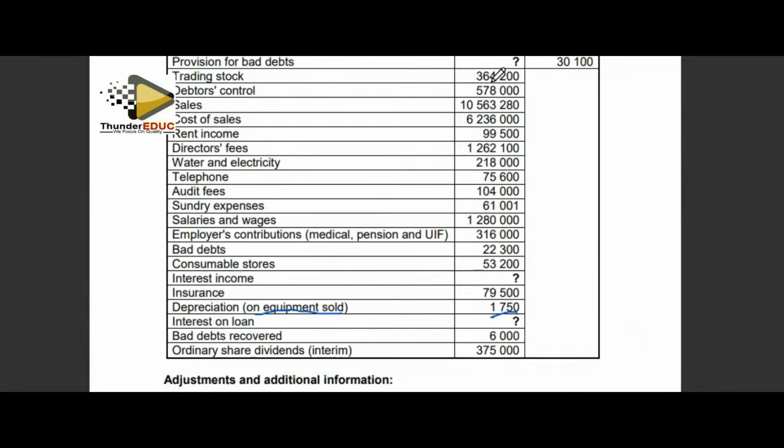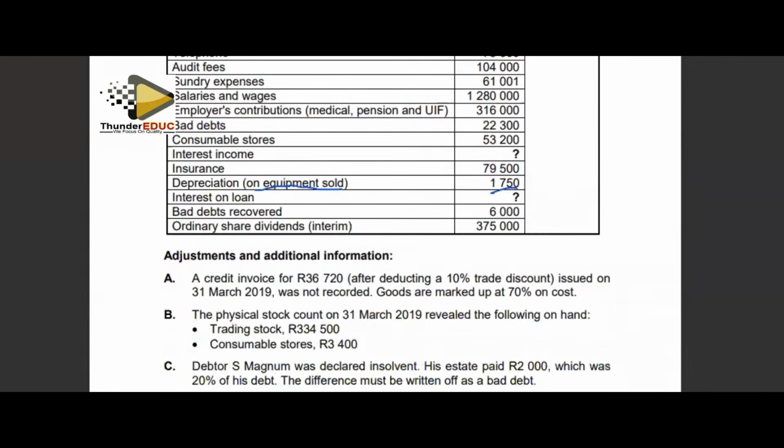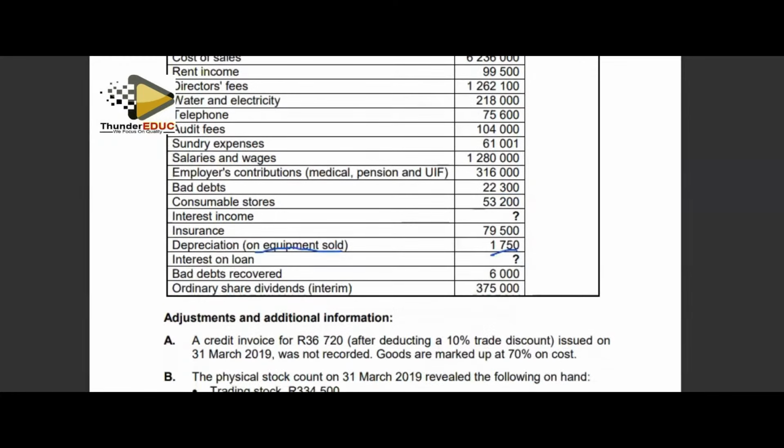In our books, we are saying that we have 364, but the physical stock taking showed that we had, at the end of the year, 334. Then cost of sales.